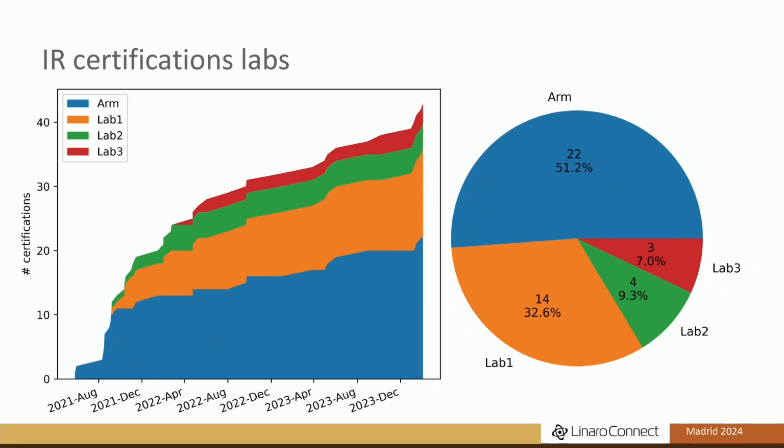So there are now 3 certification labs which are capable of testing and collecting results for IR certification on different time zones around the globe. And the idea was that ARM ideally would be completely out of the loop for the certification results collection, and that the lab could handle the fair share of testing. Well, it turns out that half of the certification have been done by ARM in the end.